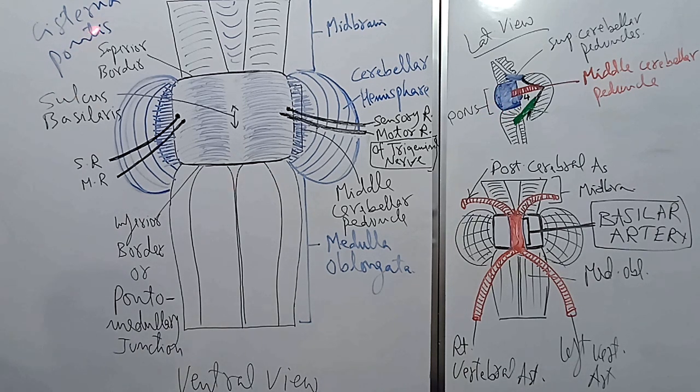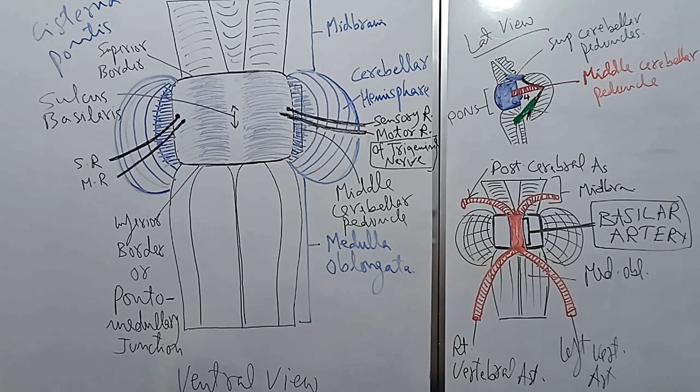It is a large subarachnoid space located at the junction of the pons and upper part of the medulla oblongata, filled with cerebrospinal fluid, and it contains the basilar artery and parts of the vertebral artery.